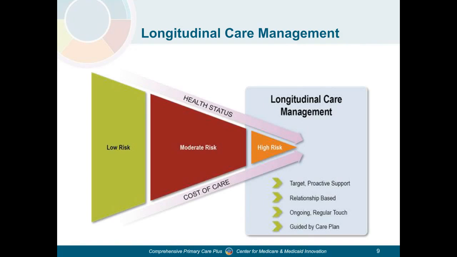So it's about really intentional care, the patient knowing that you're there for them, that you're reaching out, and you're anticipating what their needs are going to be. And then also to add into this is really using a care plan to guide this care, so that the communication about what's going on is known not just to the care team, but to the patient and to the other people involved in their care.